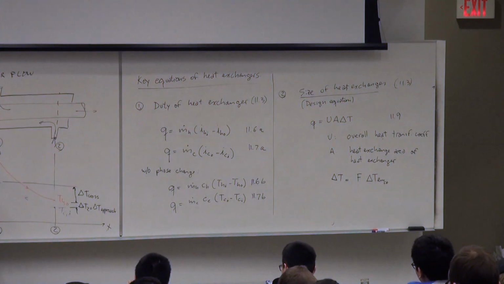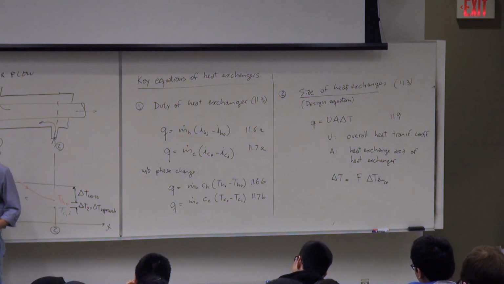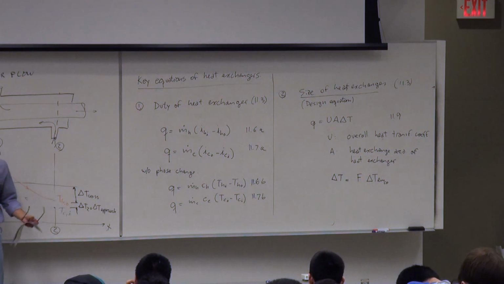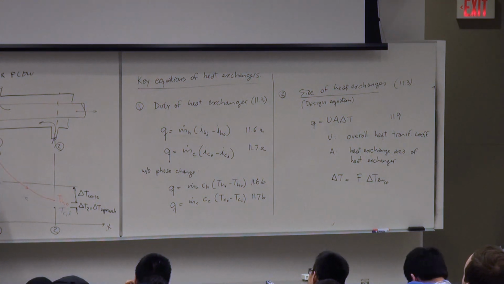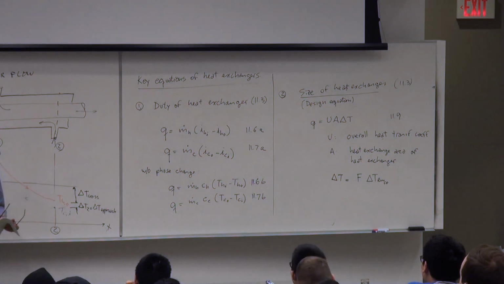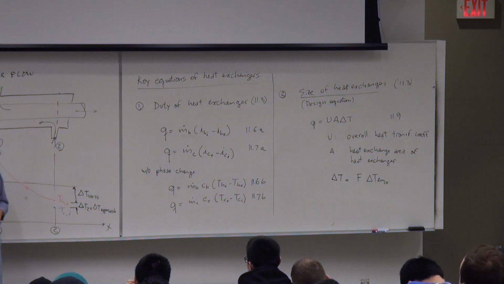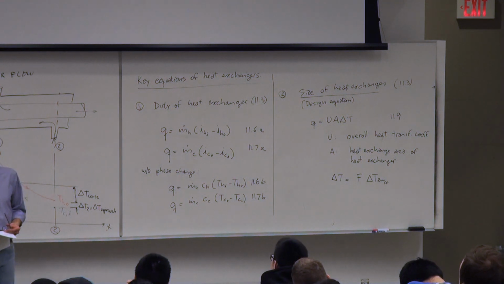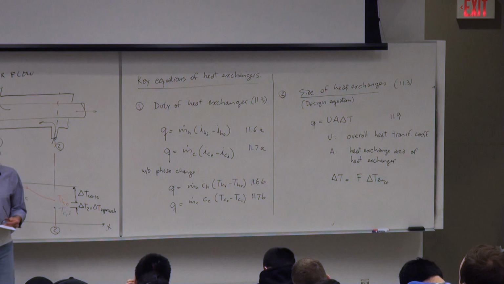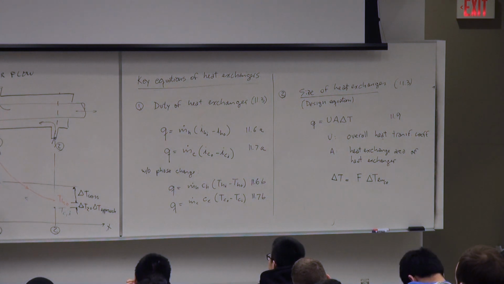If here I'm exchanging a lot of heat and here I'm exchanging little heat, what is the delta T? Is it this other one? Is it something in between, right? Of course, something in between.